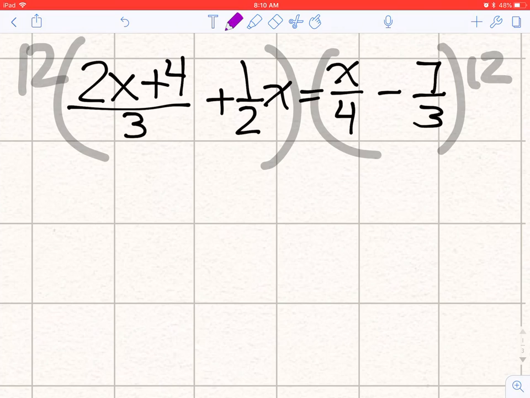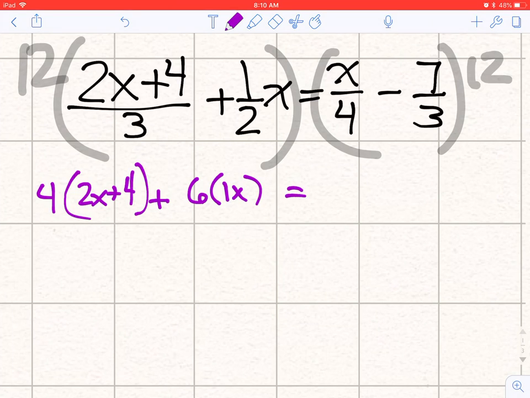So if I take the 12 times the 2x plus 4 all divided by 3, that reduces to just be 4 times that. Here it becomes 6 times 1x. And then over here it becomes 3 times the x minus 7 times the 4. So again, I just distributed that, and the purpose of that was to get rid of the fractions, so like our complex fractions before. And from here we could distribute and solve this.